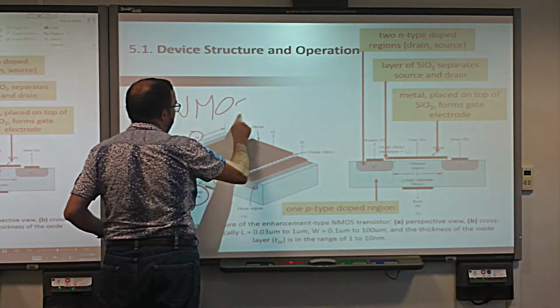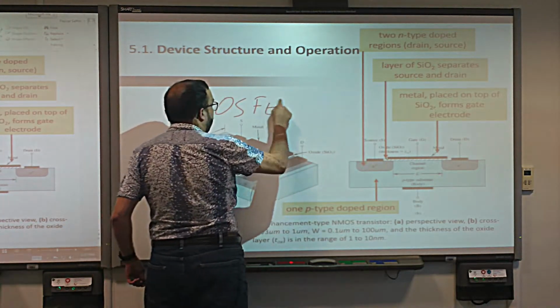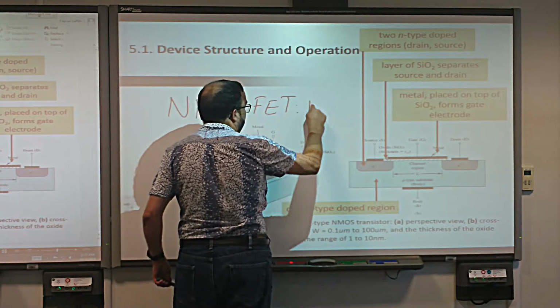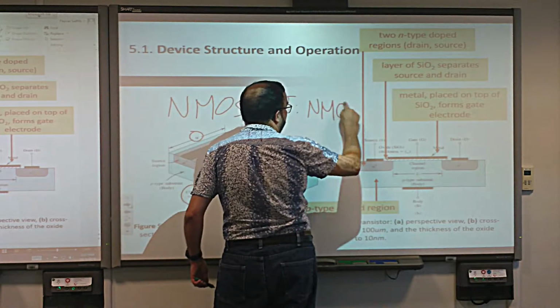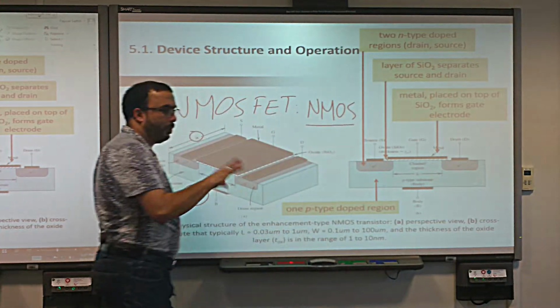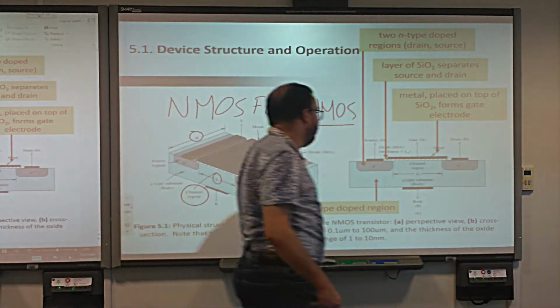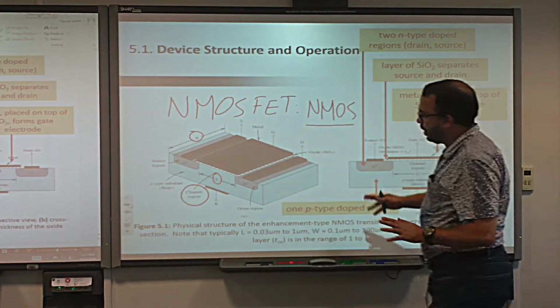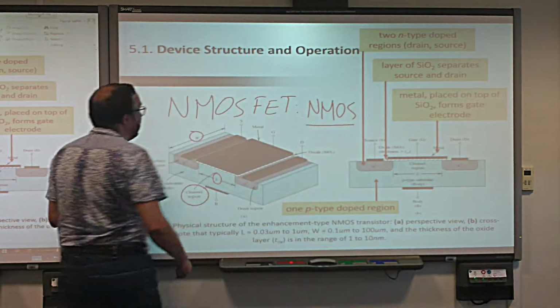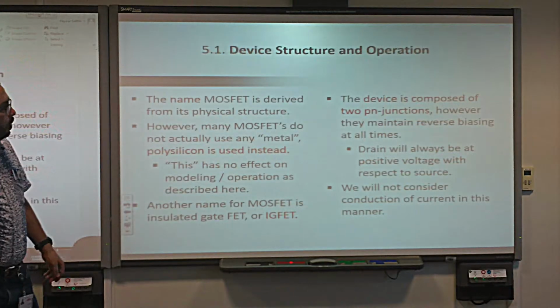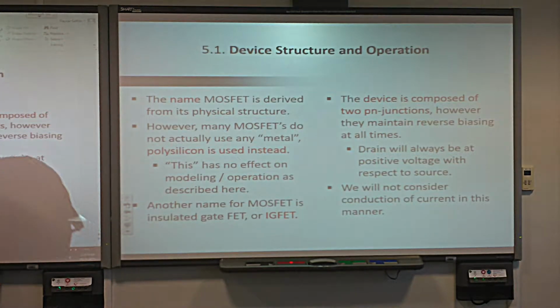Or because humans are lazy, not only me, animals, we just say FET, we know that's a FET. Khalas? All right, good? Good. Excellent. That's it. So this is just a description. Okay? Don't worry, we'll get to the other stuff.